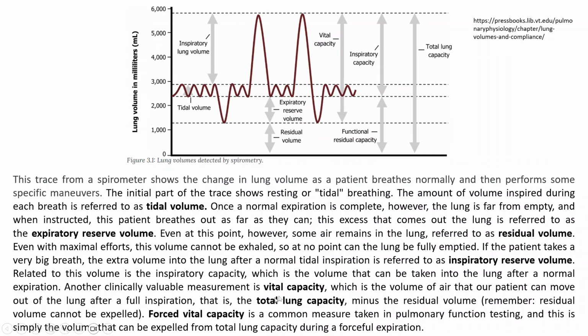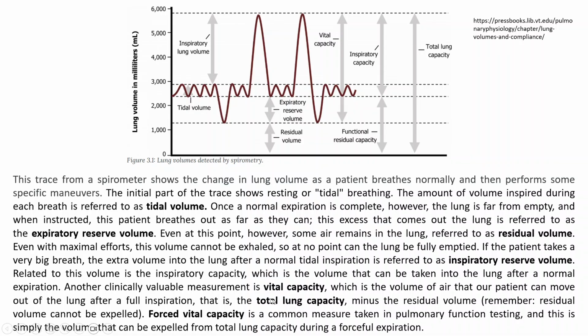In normal vital capacity, this is just after a full inspiration, how much you can breathe out, while this is how much you can breathe out after a normal inspiration, but with force. So it's like you're also trying to get rid of your expiratory reserve volume.